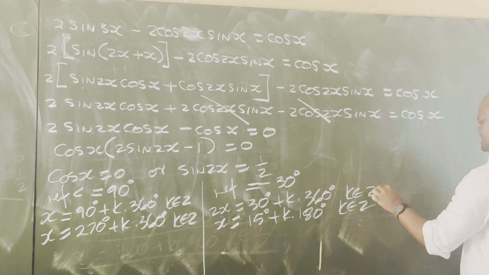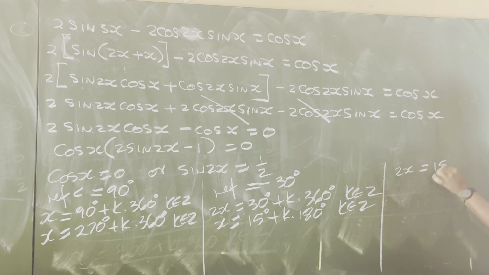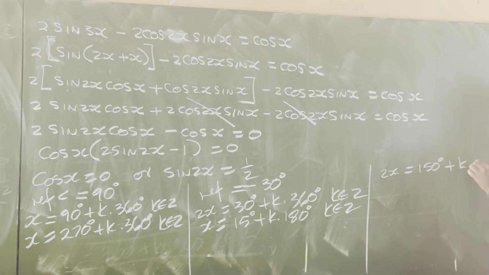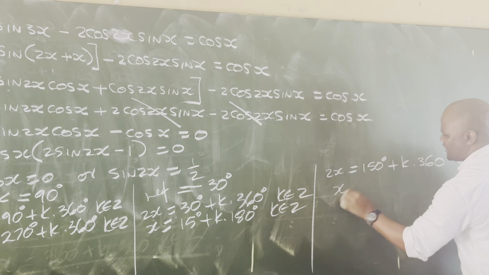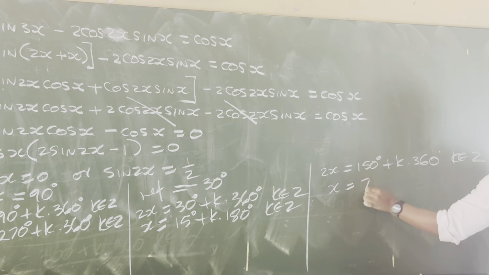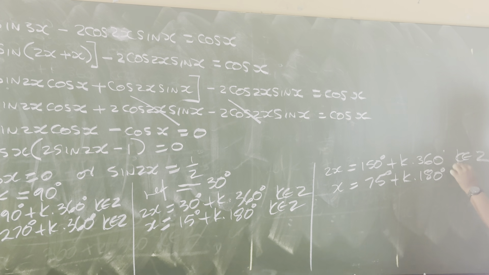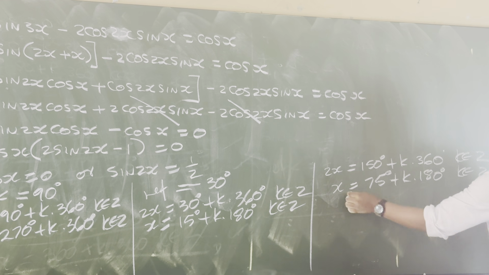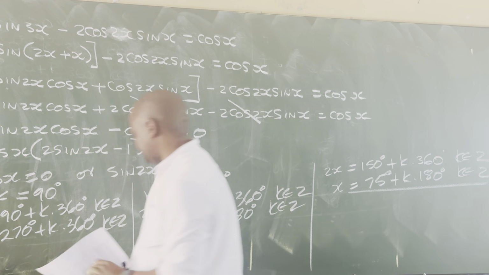And then we have another solution in the second quadrant, which means it's 2x equals to 180 minus 30, which is 150, 150 plus k times 360, where k is an element of integers. Then you divide across by 2, which will give you 75 plus k times 180, where k is an element of integers. Then you get your 7 marks.